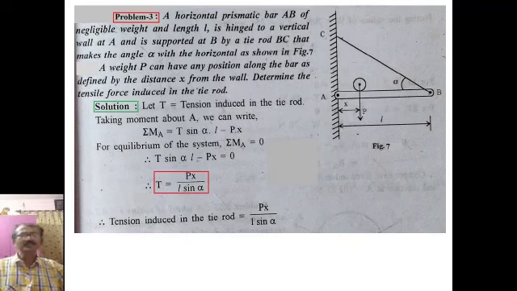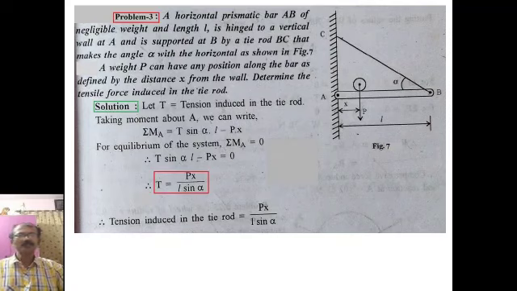Now, in this let T be the tension induced in the tie rod. So, taking moment about point A, we can write that summation of M_A equals T sin alpha into L minus P x, considering A as the moment center.